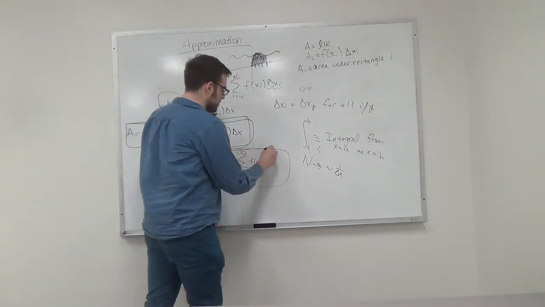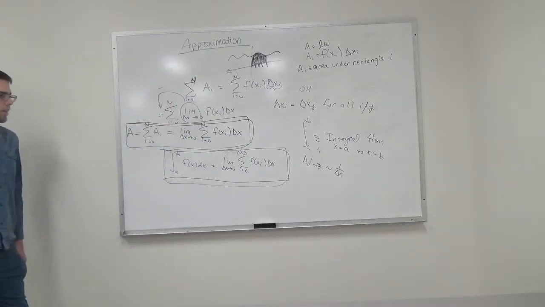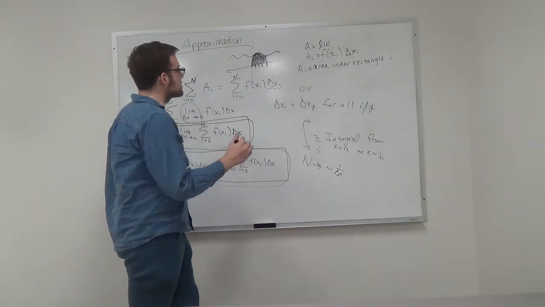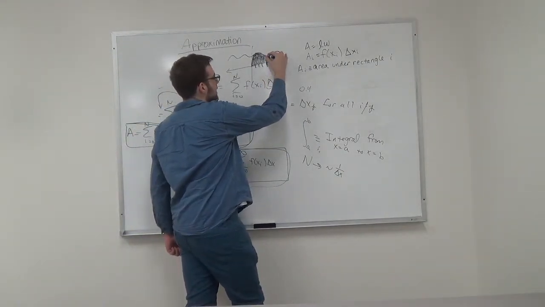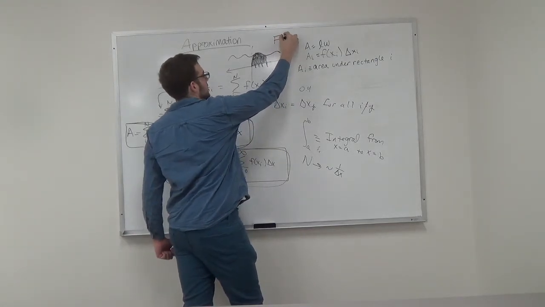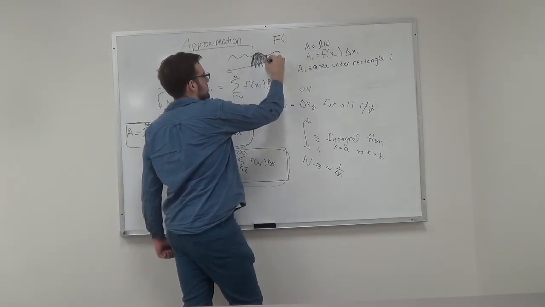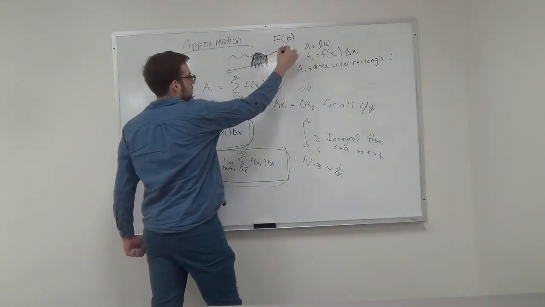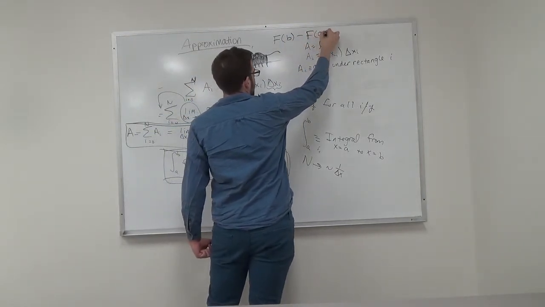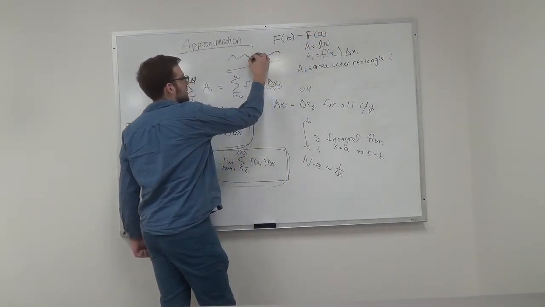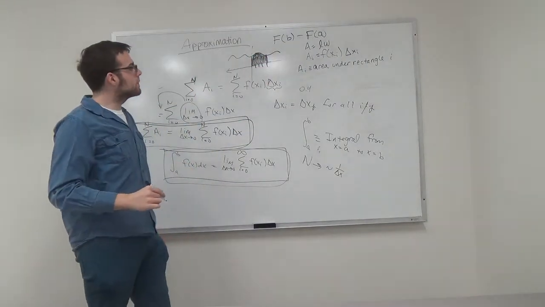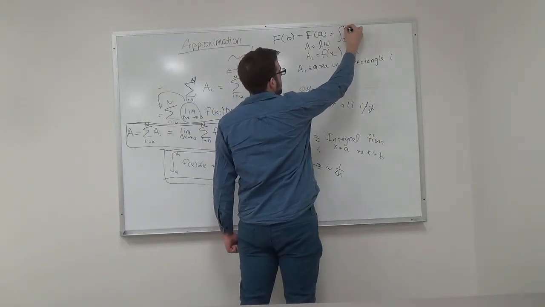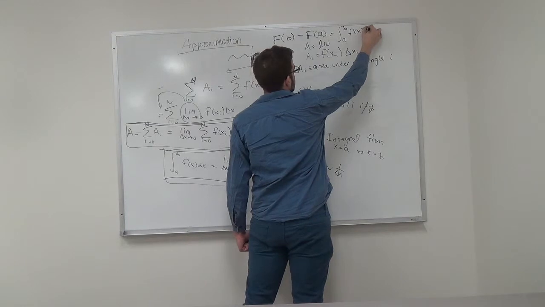And this will provide the basis for the fundamental theorem of calculus, which essentially states that the value of capital F of b minus capital F of a, where b is located here and a is located over here, is equal to the integral from a to b of f of x dx.